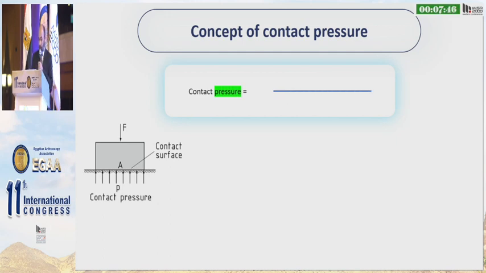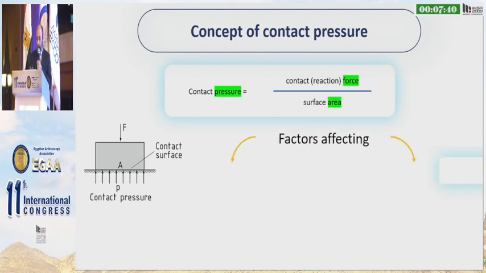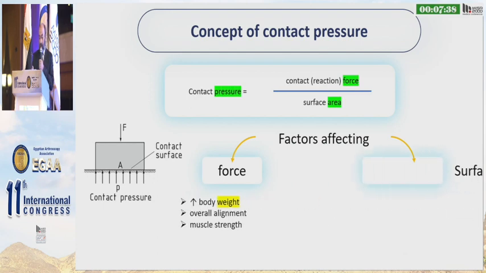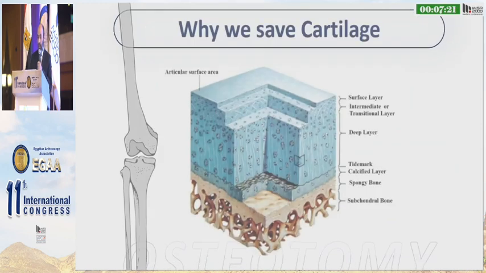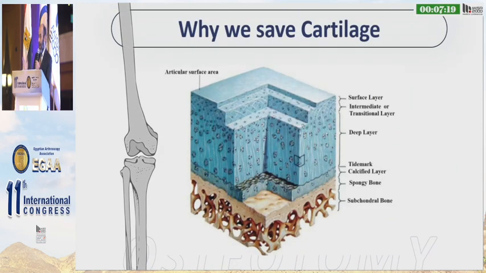We know that contact pressure equals a very simple equation, force divided by area, provided that there are factors affecting the force, like the weight of the patient, and other factors affecting the surface, like the sloping of the recipient surface and the structure of the force-absorbing cartilage. But in the end, it's simple. More forces focusing on the medial compartment led to what we have of cartilage disease.